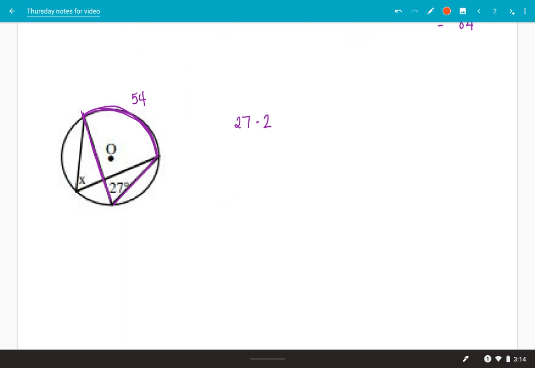Now, if we want to find x, and this is why I like doing the colors, we see x and its arc, the arc is exactly the same. So that means our angle is also going to be the same as the first one, 27 degrees. And you can check your work. So our angle is half of our arc. So our angle is going to be 27 degrees.